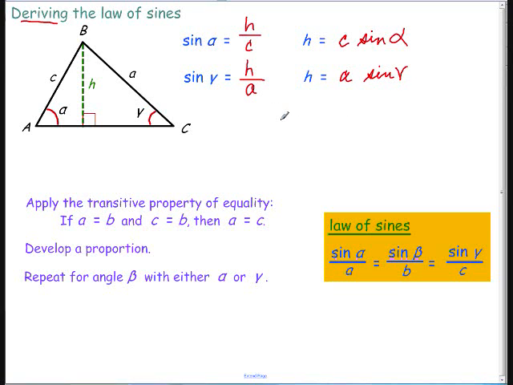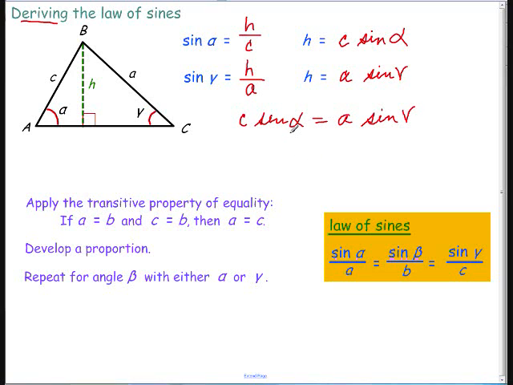All right, so h and h are obviously the same here. They're equal to one another. So if two things are equal to a third item, then they are equal to each other, aren't they? So I can say c times sine of alpha equals a times sine of gamma.